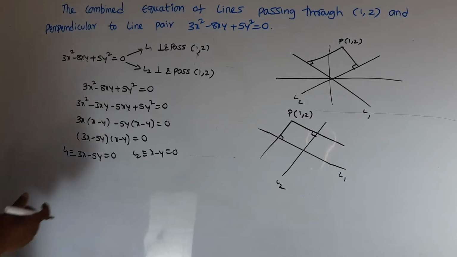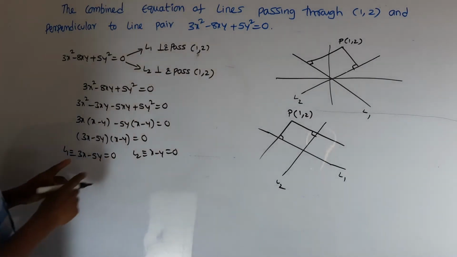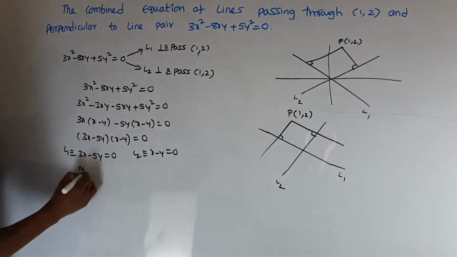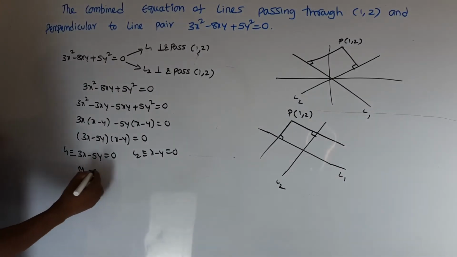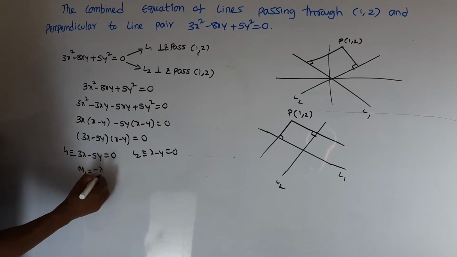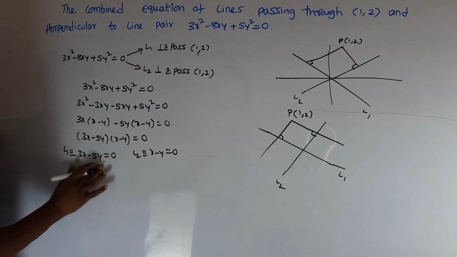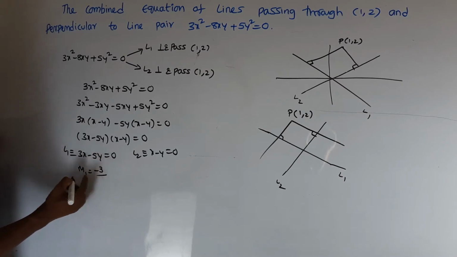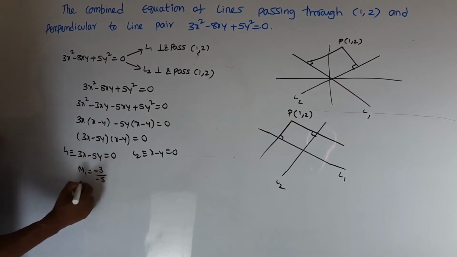The required lines are perpendicular to line L1 and perpendicular to line L2. So what is the slope of line L1? Slope is minus of coefficient of x by coefficient of y, which is minus 3 by minus 5. So m1 equals 3 by 5.